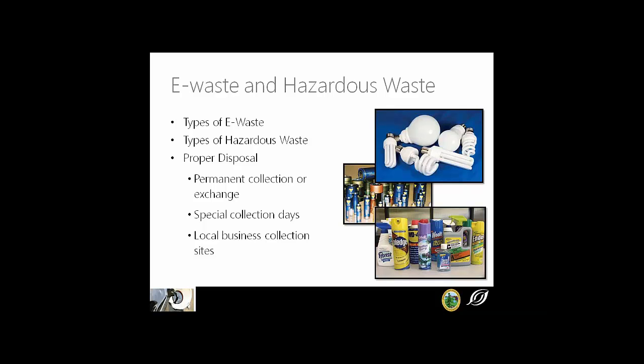Another type of material that falls under pollution prevention is our e-waste and our household hazardous waste. These are very common products we have, obviously electronics, light bulbs, batteries, paints, and cleaning products.